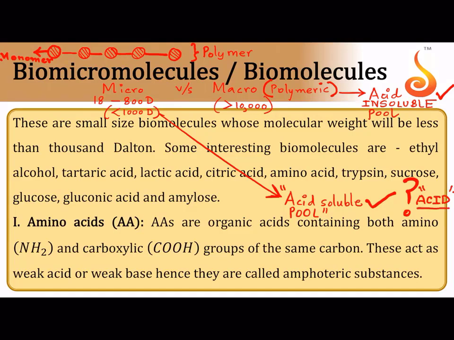When you make a slurry and filter it using a filter paper, then you will get two pools. One is called acid soluble pool, which gets collected in the beaker, and acid insoluble pool, which remains in the funnel in the filter that you filtered the slurry with. So find out which is the acid that is used in grinding the living tissue in order to obtain a slurry, followed by which you will filter it.